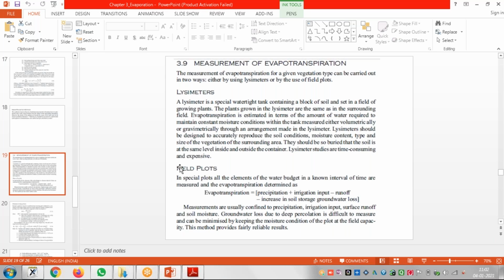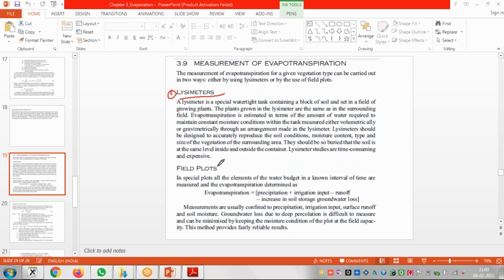Now the next term. First, we have taken the analytical methods. The next is the evaporimeter, or measurement of evaporation by some instruments. Here the first instrument is the lysimeter.